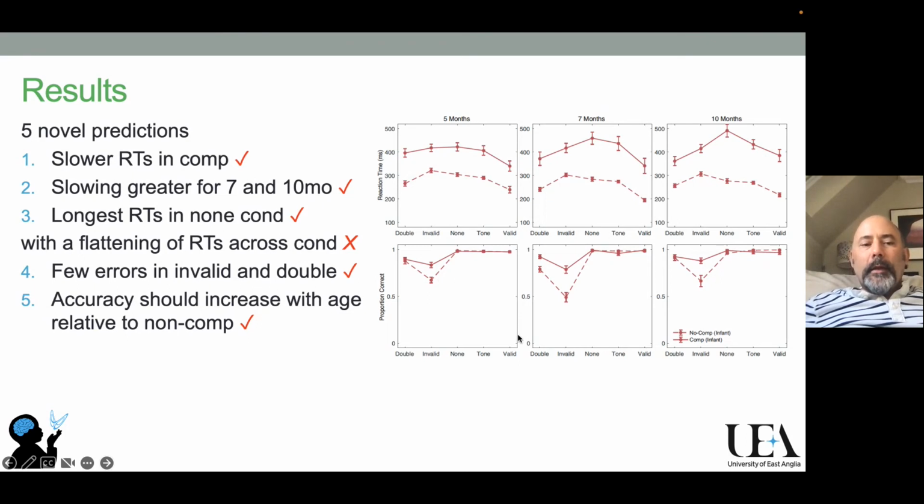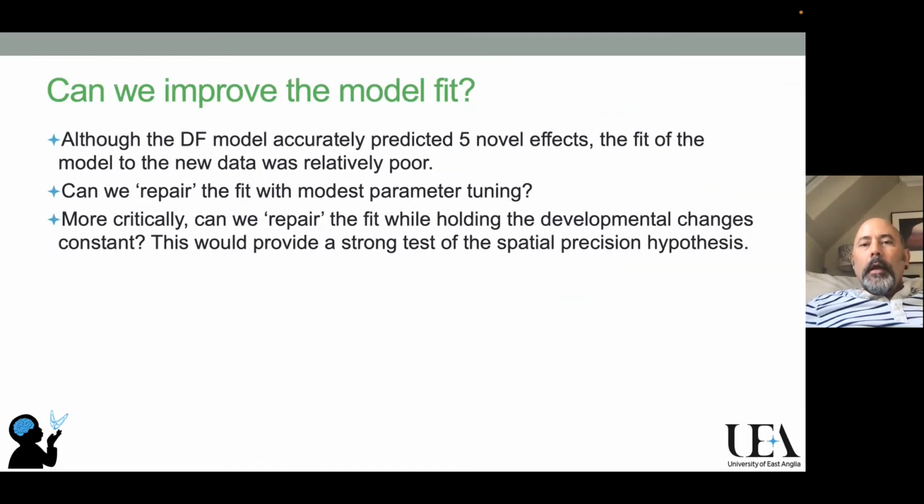If we look at the accuracy data, you can see there, as predicted, there were few errors in the invalid and double conditions. And that means that there was a bigger age-dependent improvement in accuracy for the 7 and 10-month-olds, as predicted. So in total, the model fared quite well in terms of the predictions.